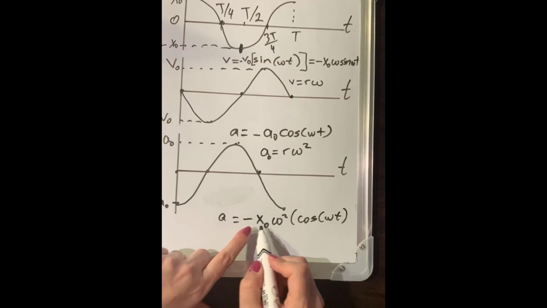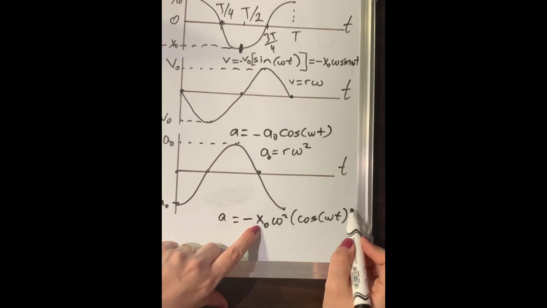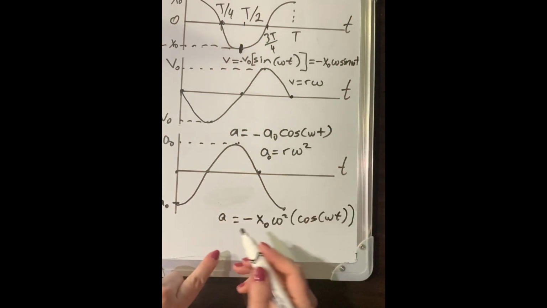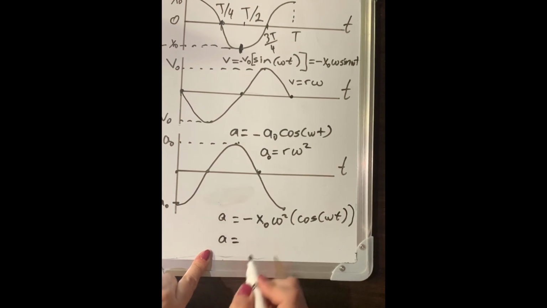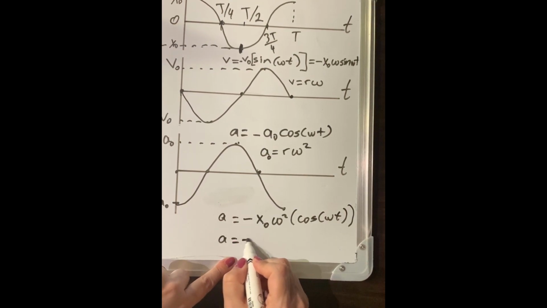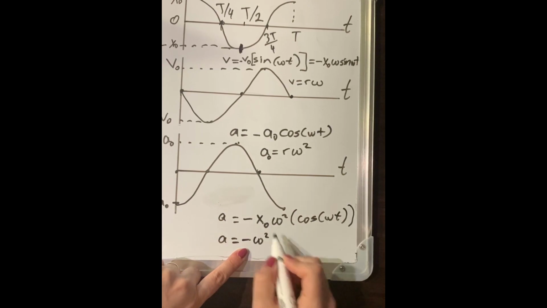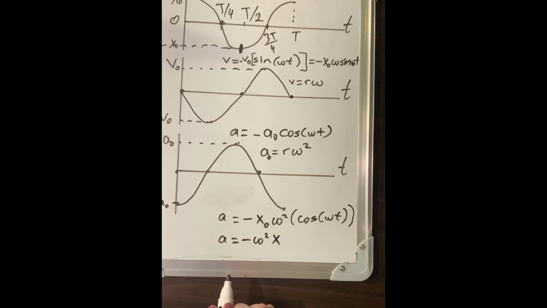Please realize that the x0 cosine omega t is the position function itself. So this actually also proves that the acceleration function is negative omega squared times the position function, which is where we started discussing the mathematics behind simple harmonic motion.